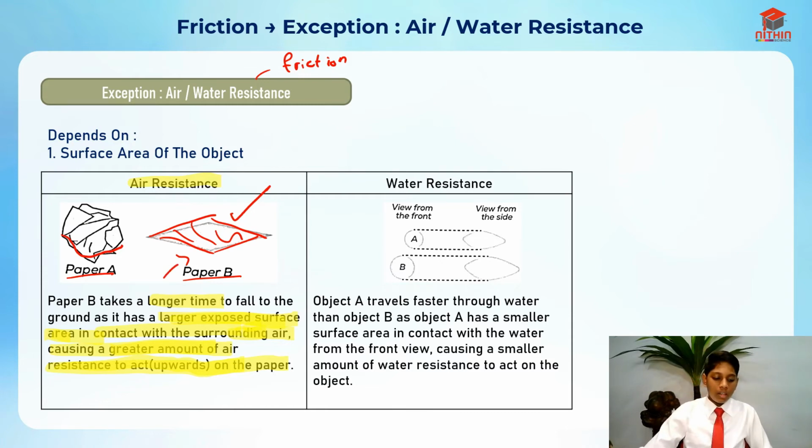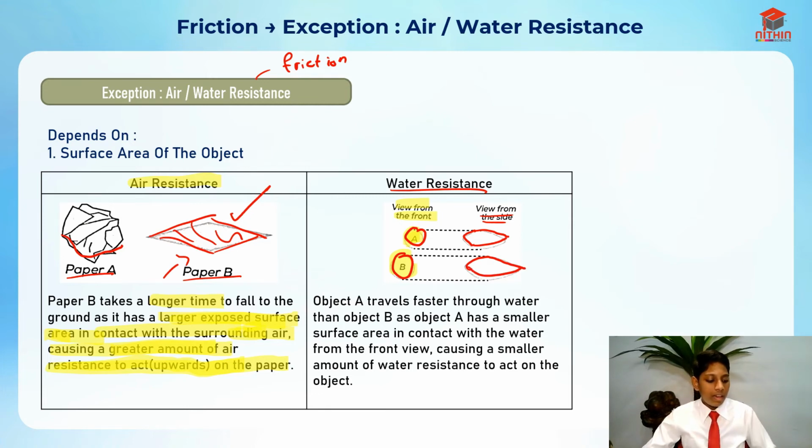Okay? Now let's move on to water resistance. So there's one thing called A and another thing called B. Okay, this is A from the front view. A is a smaller circle than B, okay? And from the side view, this is A, and this is B. So do you realize something?